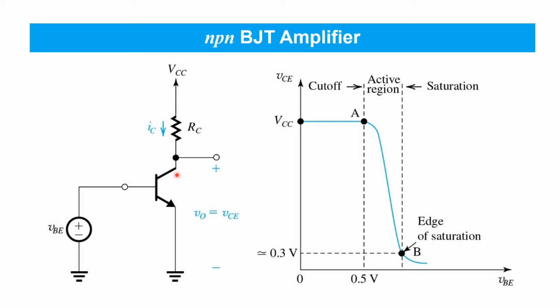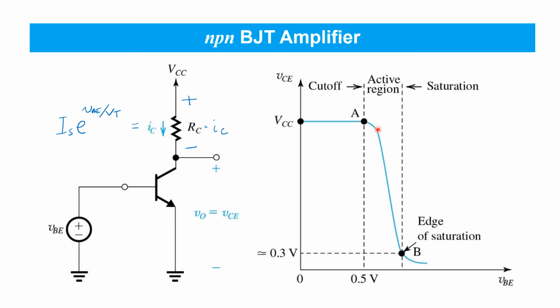As it does, some voltage drop arises across the resistor RC. The collector current is exponentially related to the base emitter voltage. And so, for small increases in VBE in this region, this voltage drop RC times IC increases rapidly, and thus we see the output voltage drops quickly in this range.